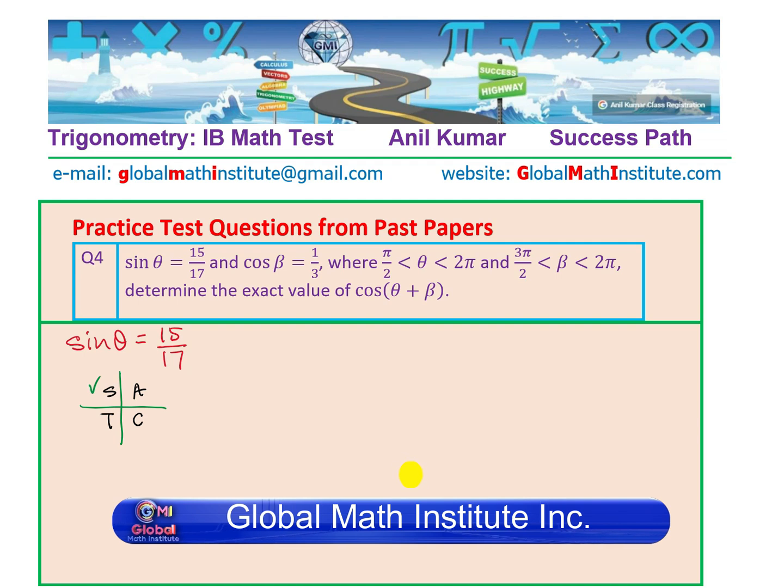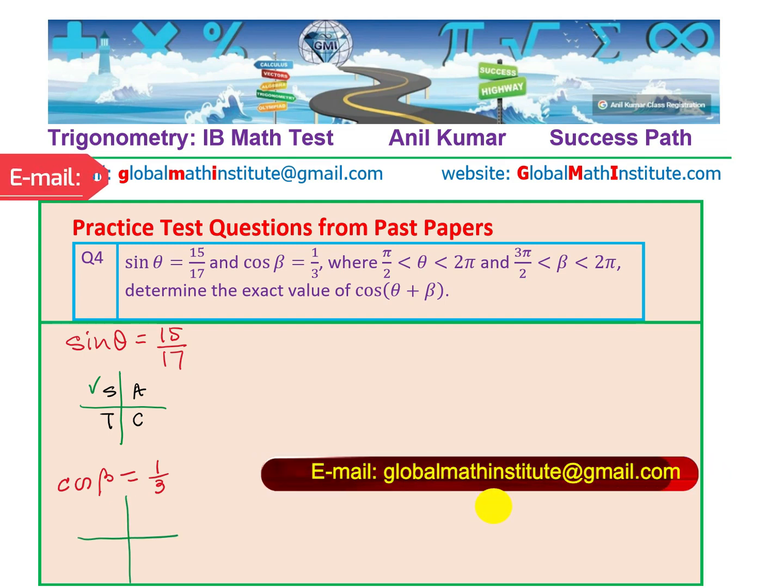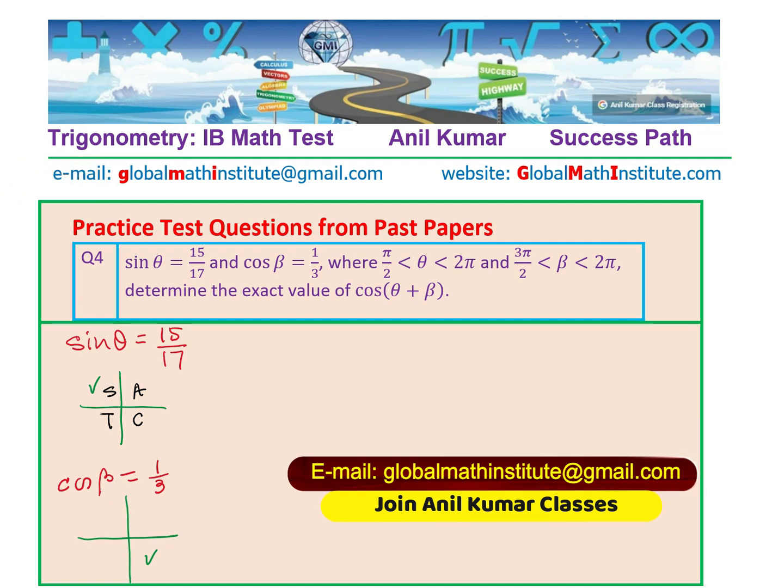Now let's look into cos of beta, which is 1 over 3. It lies between 3 pi by 2 and 2 pi, which means quadrant 4, where only cos is positive, others are negative, right? Let's draw a special triangle for them.